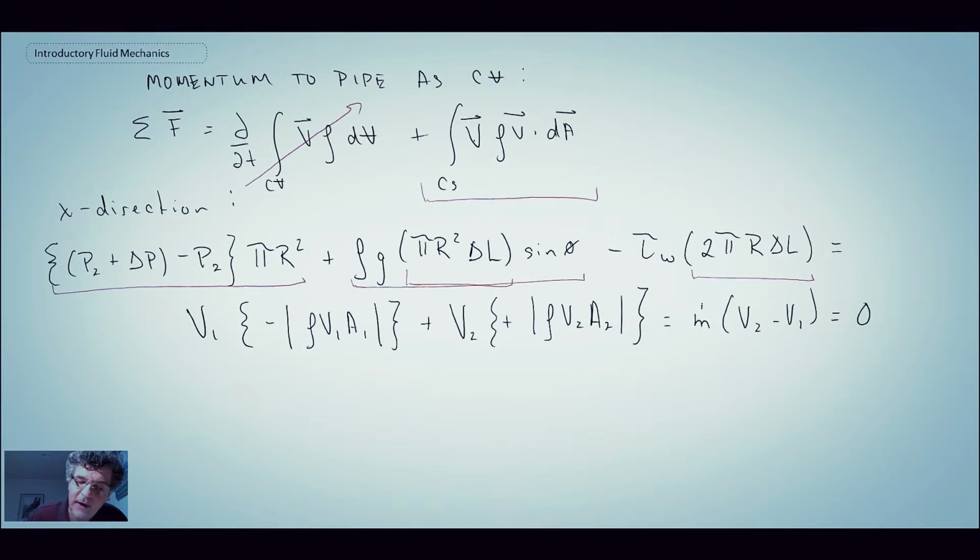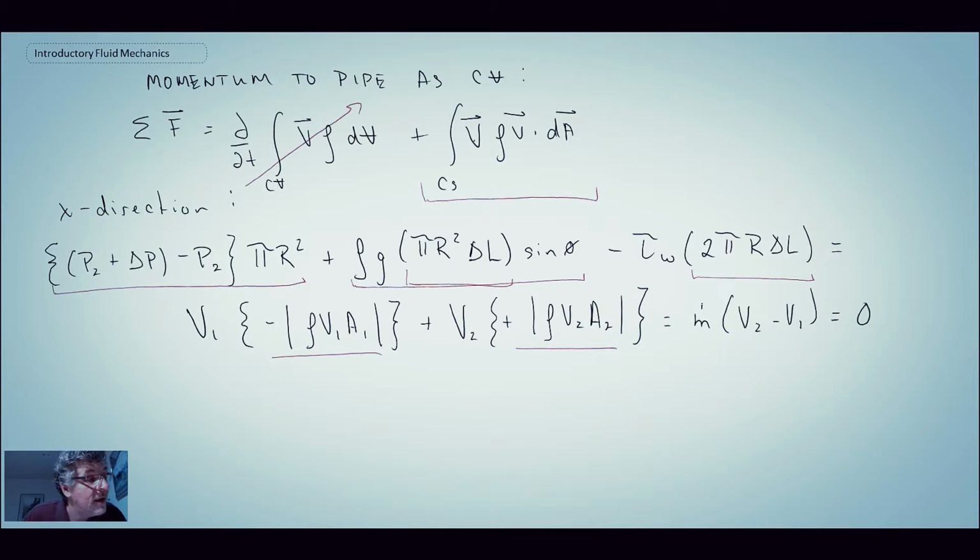And then on the right-hand side of the equation, given that we're dealing with a small differential element, the mass flux is not really changing at all, nor is the velocity, and consequently the momentum flux in and out are identical. The velocity profile is not changing there.